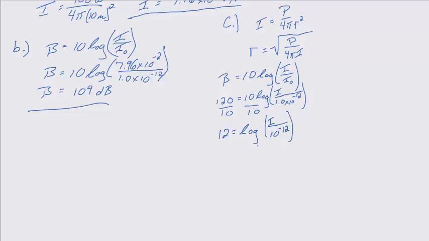We can then get rid of our log, and when we do so, we'll end up with the equation that 10 to the power of 12 is equal to our intensity divided by our reference intensity. And then by multiplying each side by 10 to the negative 12th, we'll see that our intensity is equal to 1.0 watts per meter squared.